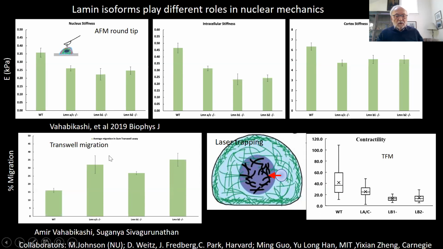And we also showed by transwell migration, we're showing this now, that in fact, different lamin isoforms give us different rates of movement.